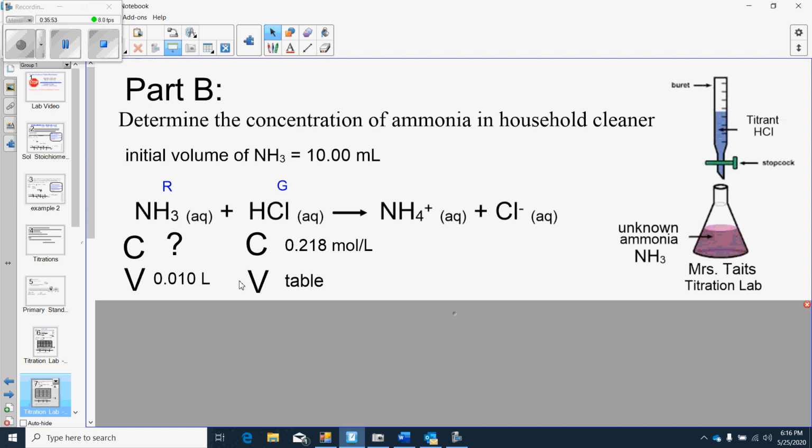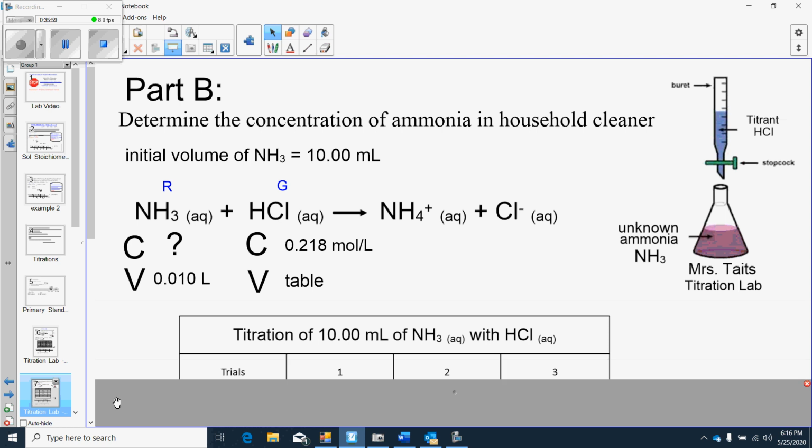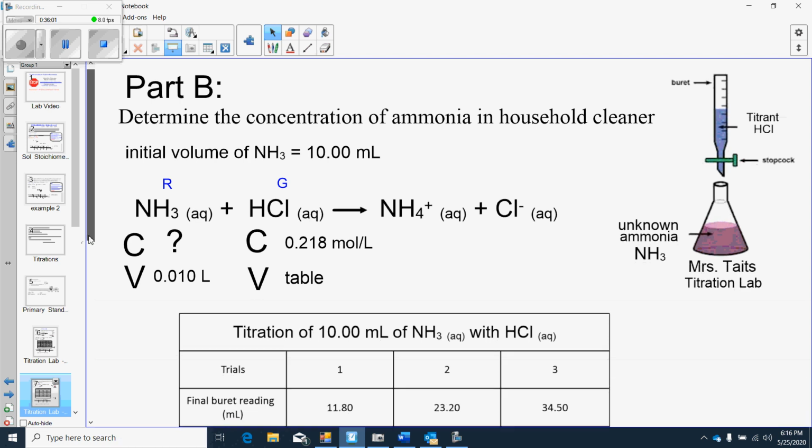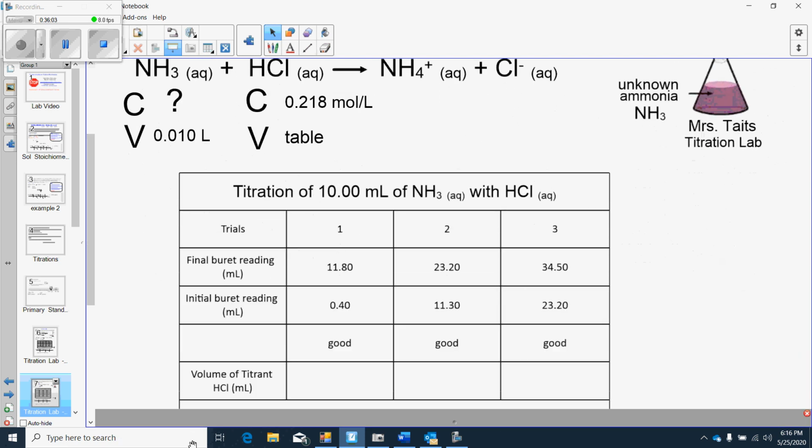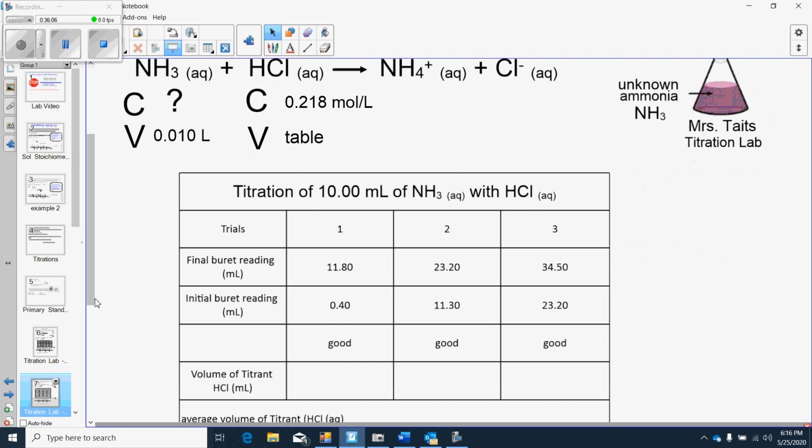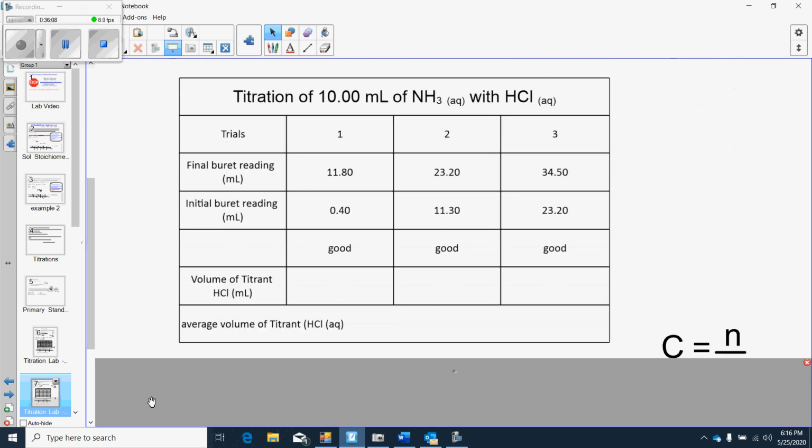Everything Mrs. Tate did was used to find volume. We then have to use stoichiometry to solve it. Here's the table again. You might want to pause right now and see if you can fill this table in and finish this problem on your own. And if you want to tune back, we'll correct it.